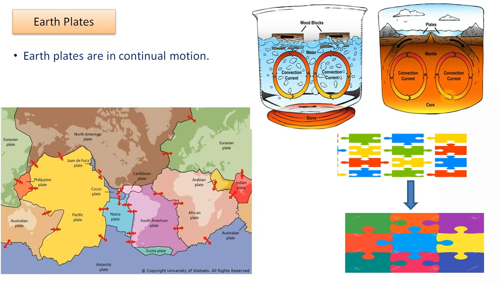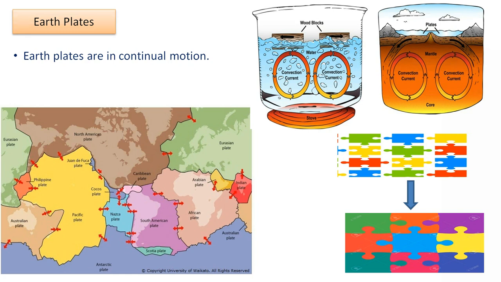Here water is nothing but the mantle actually, so basically the mantle is moving. So when the mantle is having so much movement, obviously this movement is going to impact the plates, right? Because the plates are located just above the mantle. So due to these water currents, the plates tend to move.